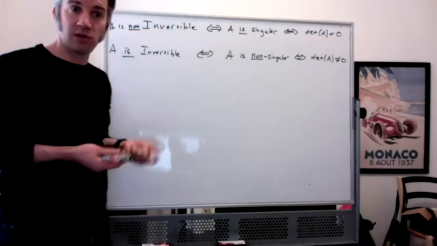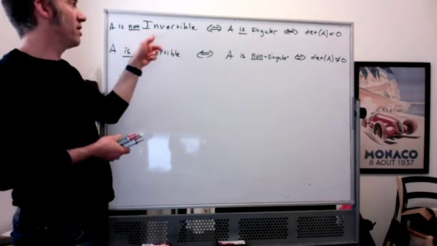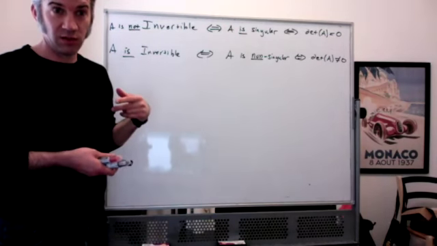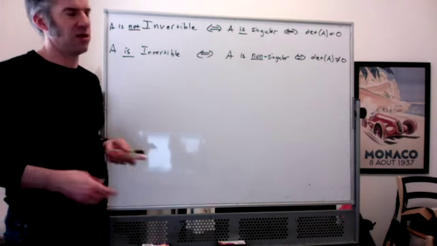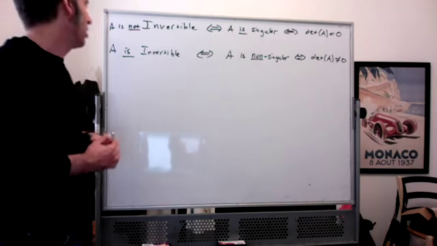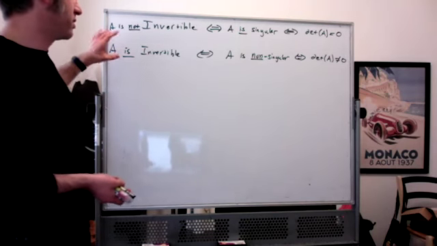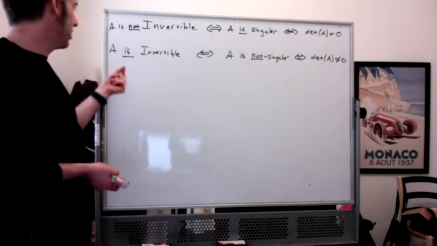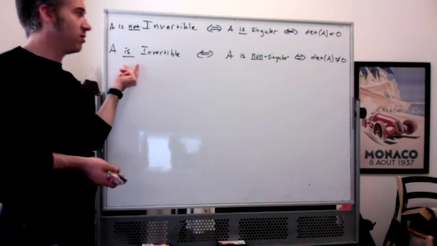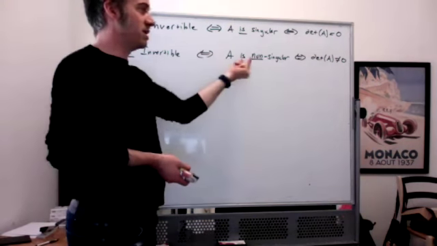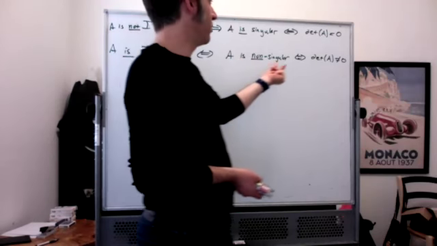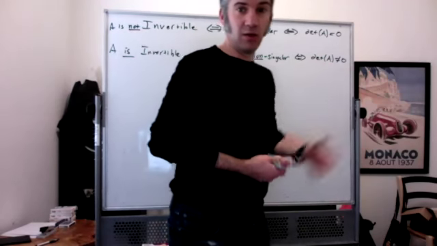Someone's going to assume that if you say one of them, you know the others are also true. So if I say the matrix is not invertible, I'm thinking, oh, the determinant is 0. And all the opposite things are also equivalent: the matrix is invertible if and only if it's non-singular, if and only if the determinant is not 0.